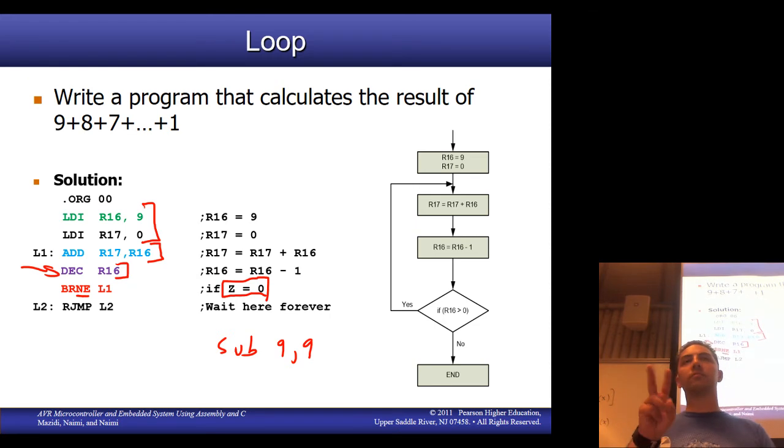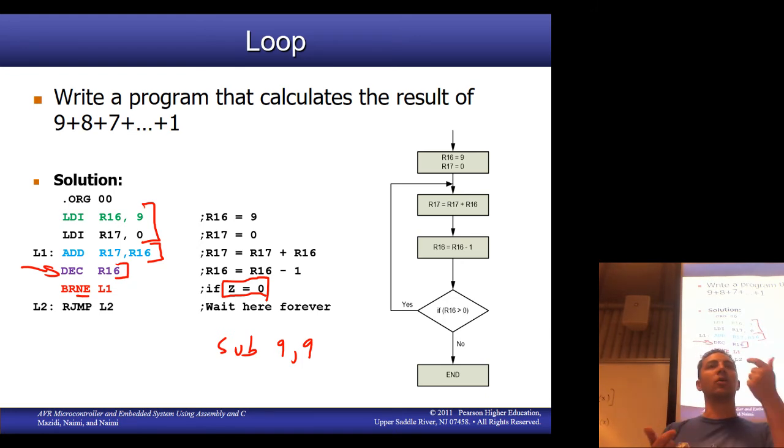Well, it's wrong for one reason and right for a different reason. The reason it's wrong is because add must have 2 registers. There is no add register to number. That doesn't exist. Now the idea of adding a -1 is a great idea, except there's no add immediate instruction either. There is a subtract immediate instruction, so you could subtract 1 from R16, but there is no add immediate.